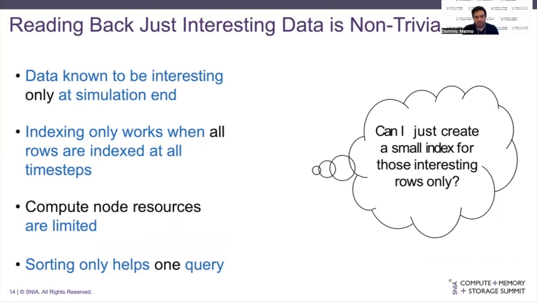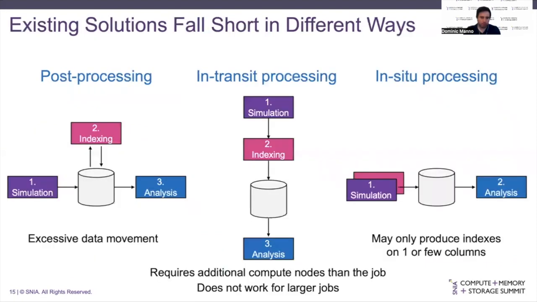And so there are some existing solutions that we can explore to solve this. But as I mentioned, the current application of sorting really doesn't solve the problem. Something like post-processing, I just mentioned this one. This causes excess data movement. This is the exact sorting problem. If we do in-transit processing, we require a large amount of resources: compute nodes, CPU cycles, memory.